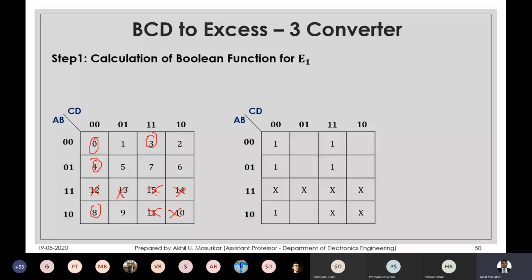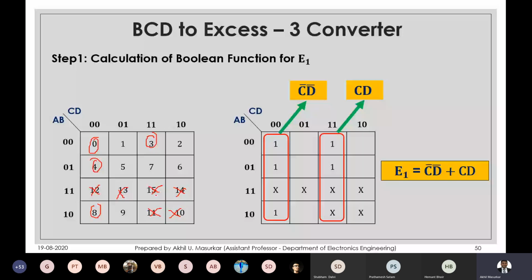The first quad will give me C bar, D bar. The second will give me CD, and E1 becomes equal to C bar, D bar plus CD. That's right. E1 is right.